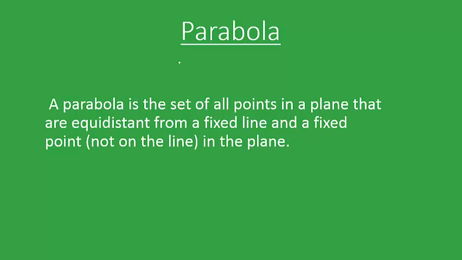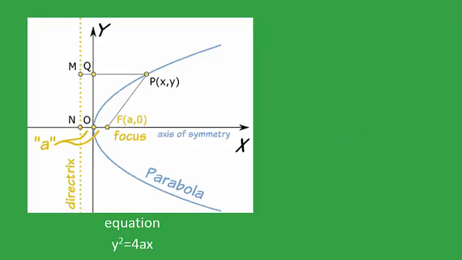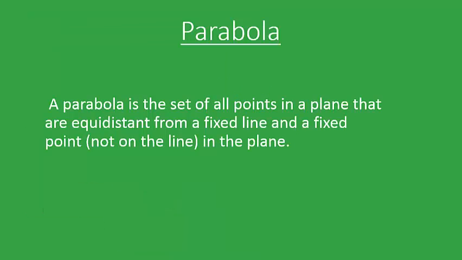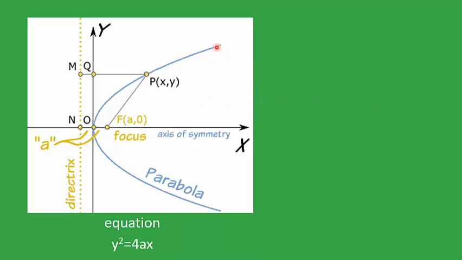Next we move on to another simple conic, the parabola. A parabola is defined as the set of all points in a plane that are equidistant from a fixed line and a fixed point not on the line in the plane. To visualize, this is the simplest parabola which we'll take in general examples. The blue curve is the parabola, centered at (0, 0).